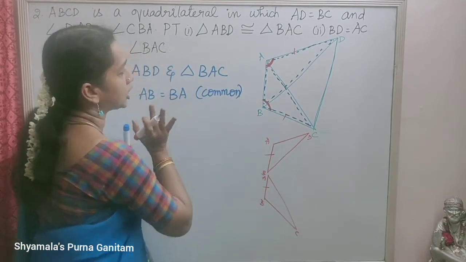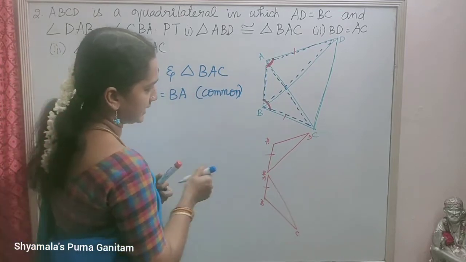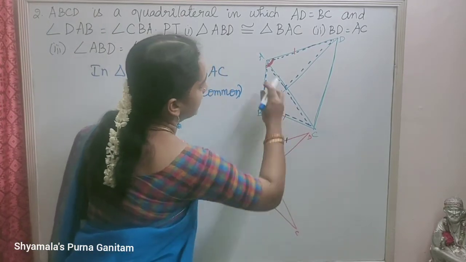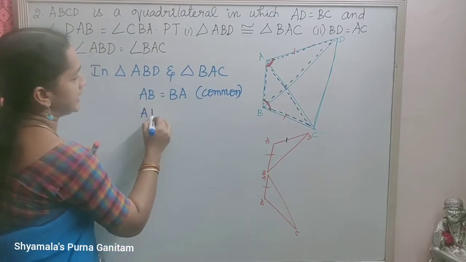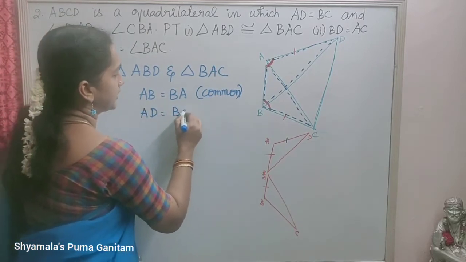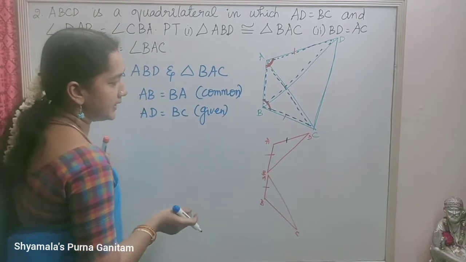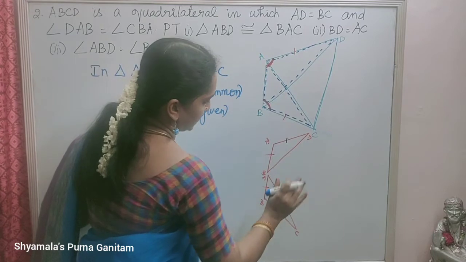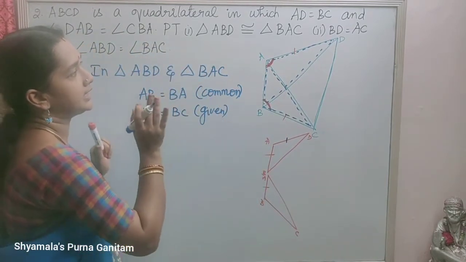Then AD is equal to BC. So AD, this side, is equal to BC. This is given in the question.